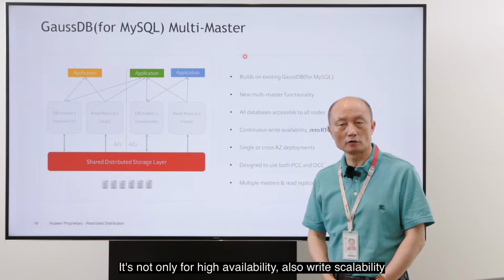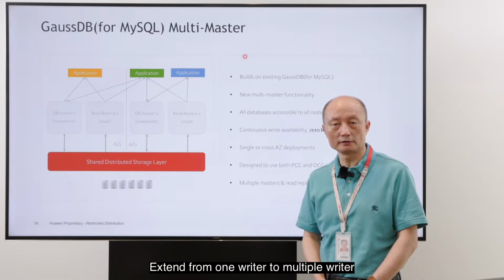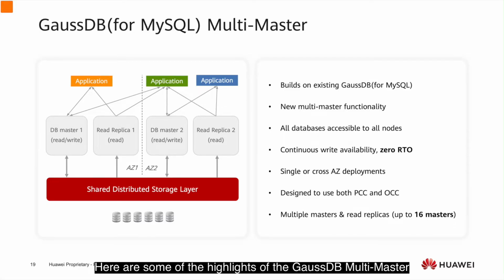Now let's look at the GaussDB multi-master. It not only offers high availability, but also write scalability, extending from one writer to multiple writers. Here are some of the highlights of the GaussDB multi-master. It is built on existing GaussDB designed for the cloud, and most of the key components remain the same, but add the new multi-master functionality.